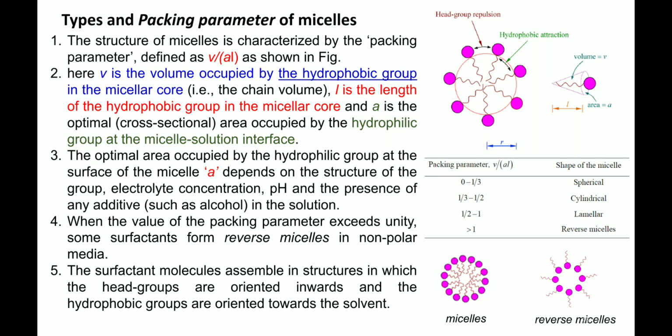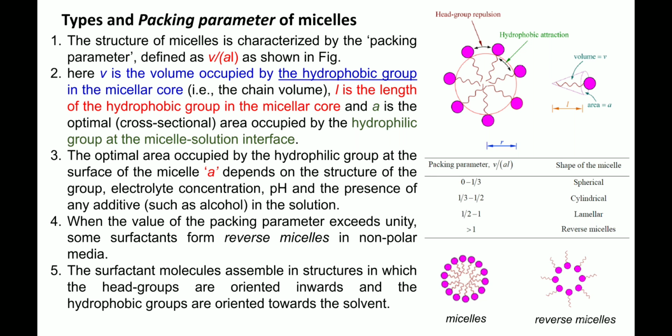Second, if the value is in the range of 1 by 3 to 1 half, the micelle formed is cylindrical in shape. When the packing parameter is 0.5 to 1, the shape of the micelle is lamellar. And when it is greater than 1, then you of course have a reverse micelle.